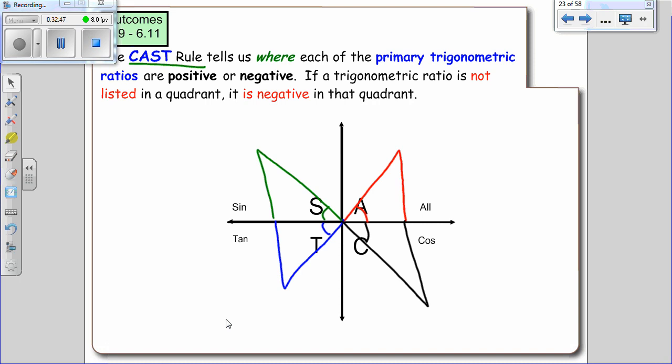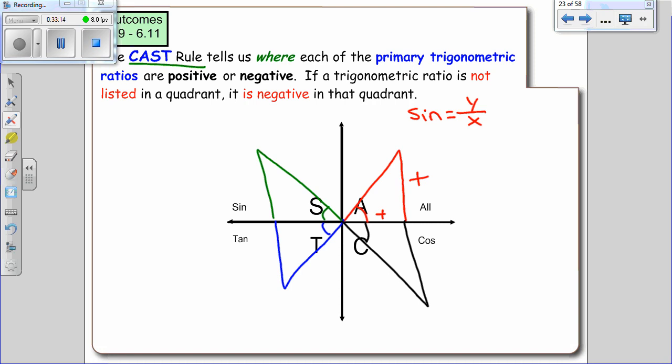So, if we did SOHCAHTOA in the first quadrant, sine equals opposite, which is y, over adjacent, which is x. That would be a positive divided by a positive, which means the sine ratio would be a positive ratio.